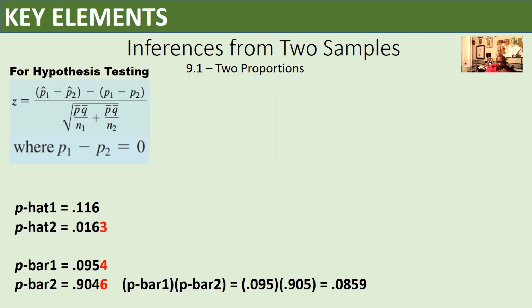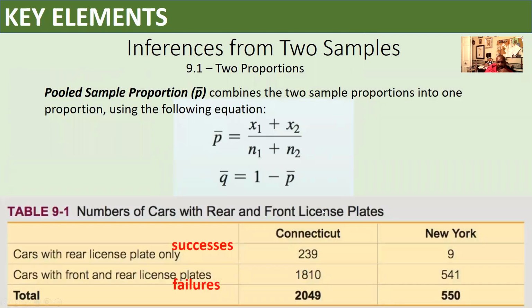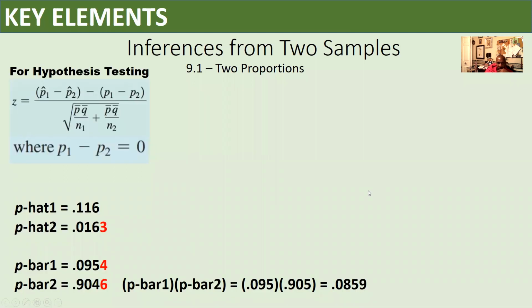Going back to our data and our information, we can see that would be 239 divided by 2,049. For New York, it would be 9 divided by 550. Now, when you do the math for those things, you're going to have these values right here. You can double check.